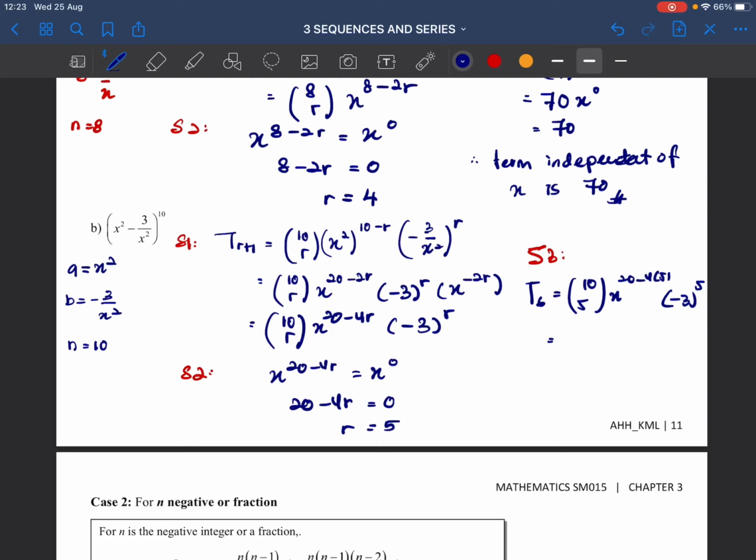Okay. 10C5, you will get 252. x obviously will be 0, x to the power of 0 is 1. Negative 3 to the power of 5, you will get negative 243. Is that right? Right. Okay. So the coefficient for the term independent of x is negative 61,236.